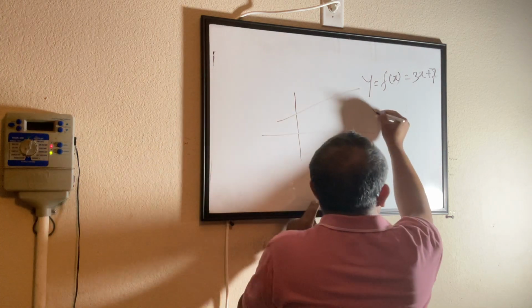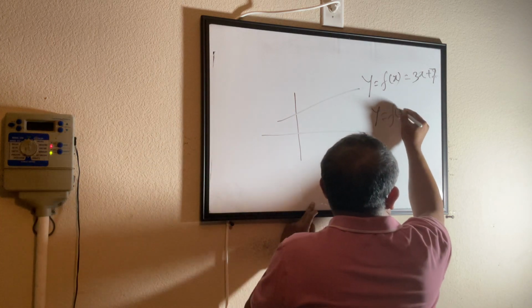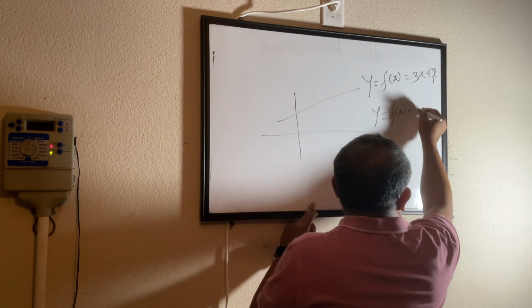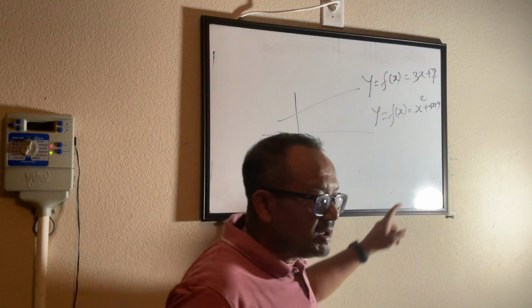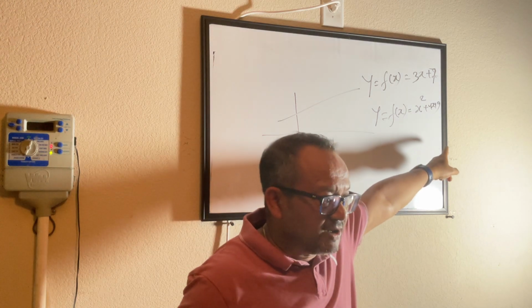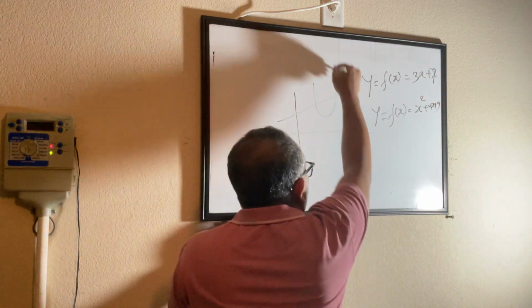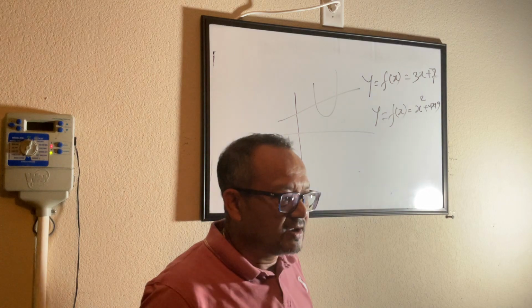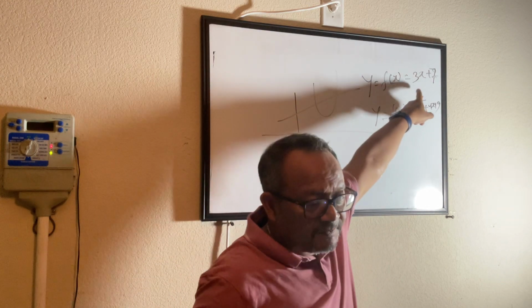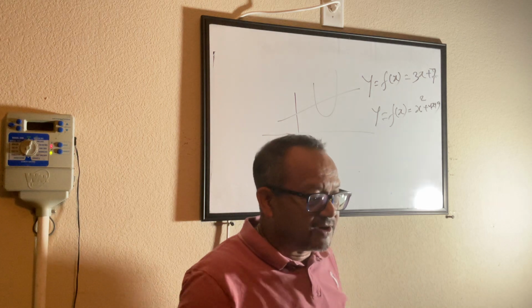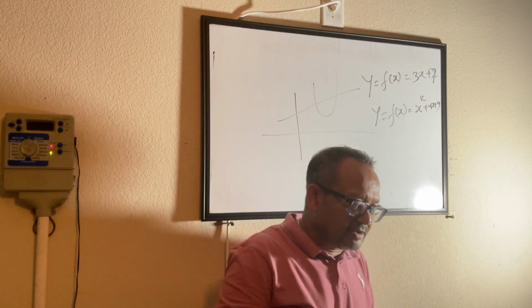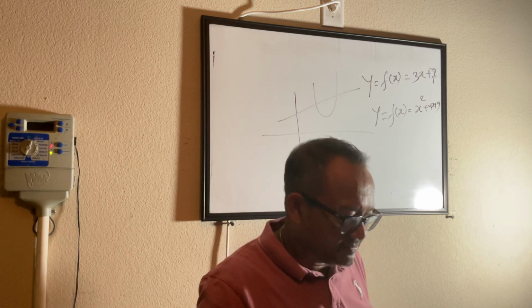If you talk about y as a function of x, which equals x squared plus 4x plus 9. It's a quadratic function, right? It plots a parabola for us. So we have seen a linear function and a quadratic function. What is a periodic function? Where does it fit in? Any idea? Yes, Dave.